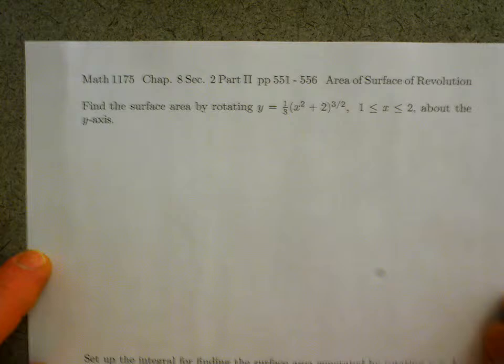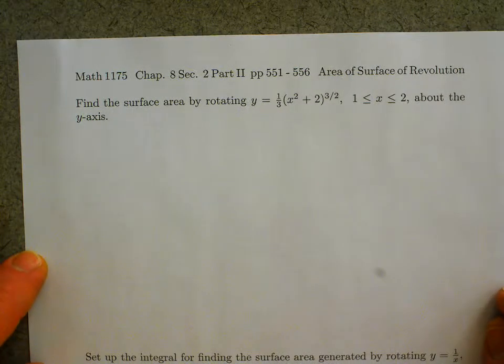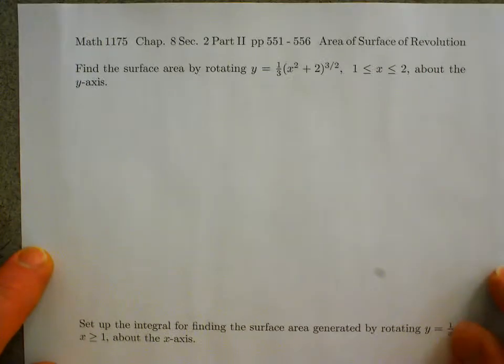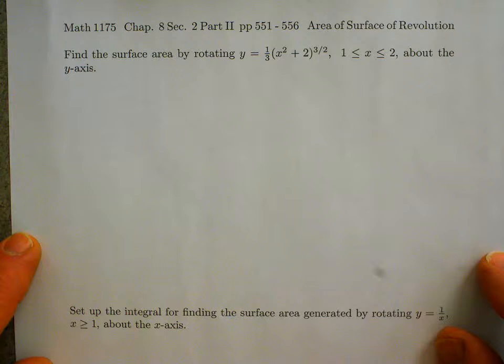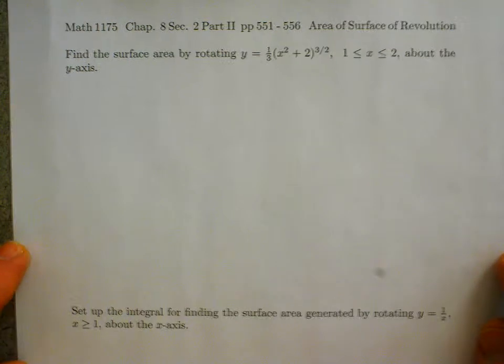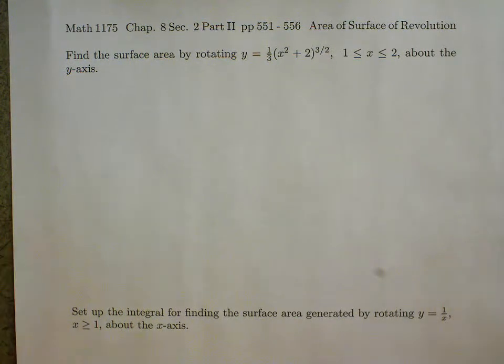Okay, let's try this one. Find the surface area generated by rotating y equals 1/3 times the quantity x squared plus 2 to the 3/2 for values of x between 1 and 2 about the y-axis.